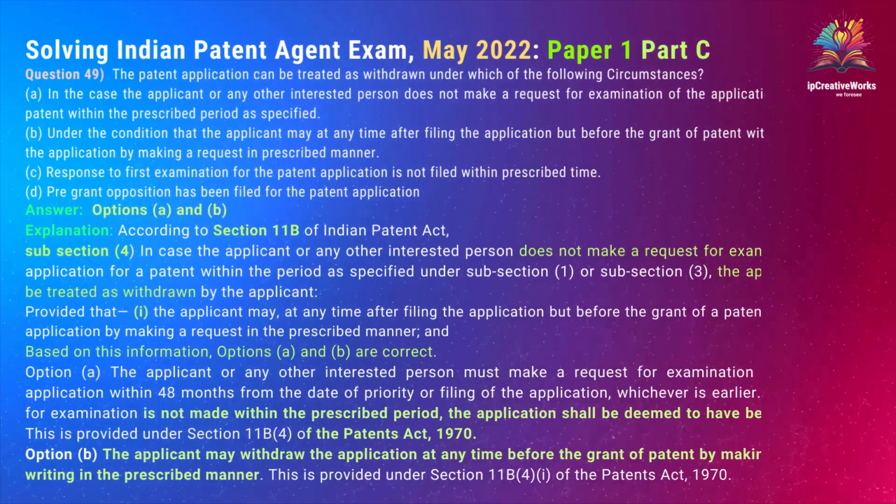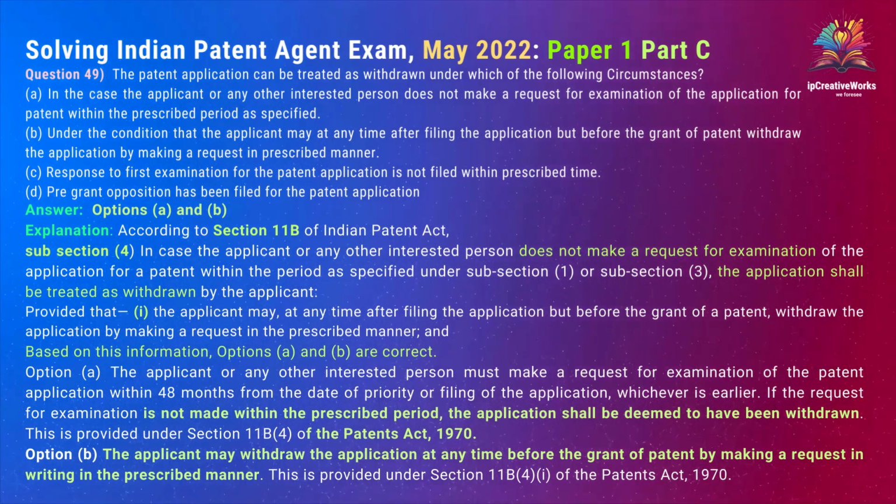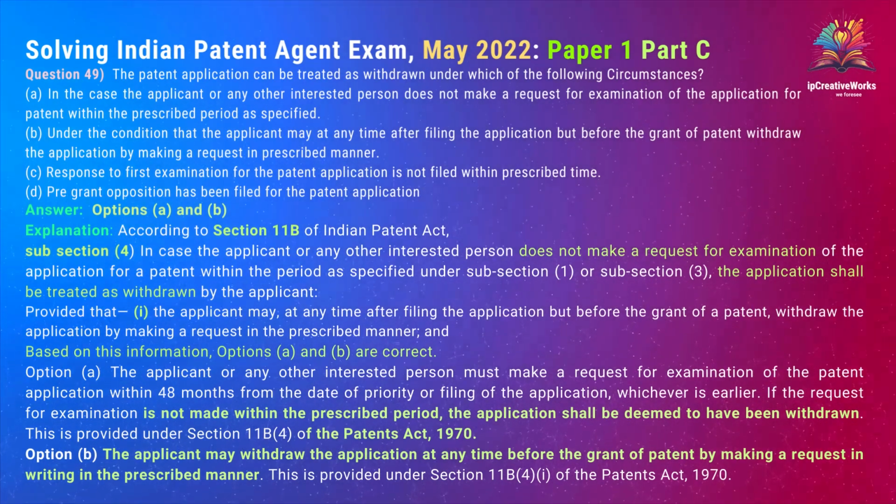Question 49. The patent application can be treated as withdrawn under which of the following circumstances? A. In the case the applicant or any other interested person does not make a request for examination of the application for patent within the prescribed period as specified.